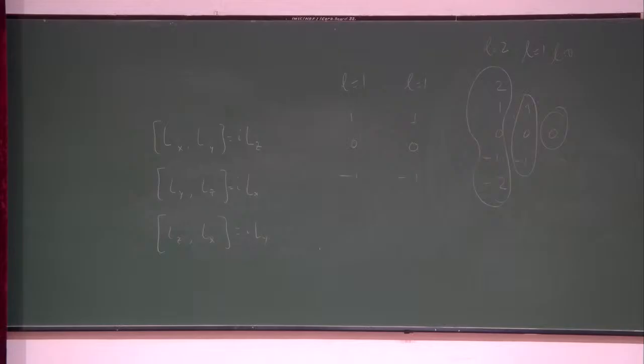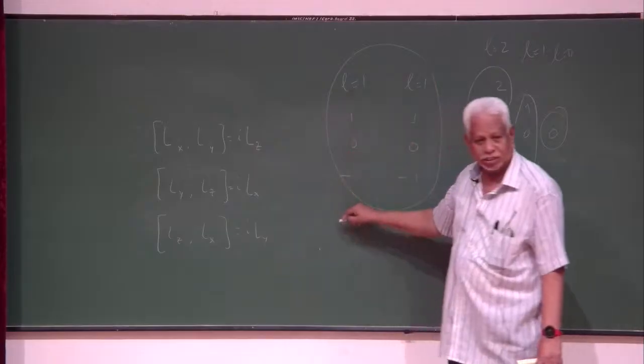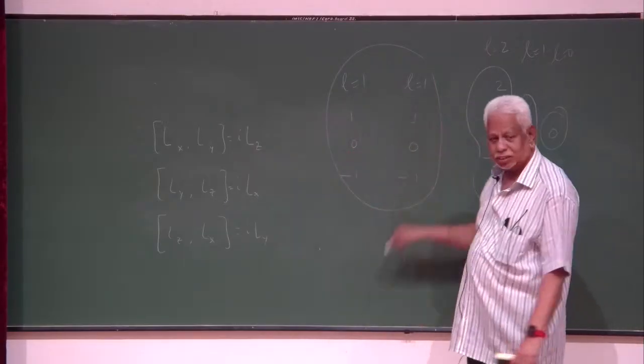Now, what is the dimension of the composite object? The composite object consists of both. There are 3 states here, there are 3 states here.